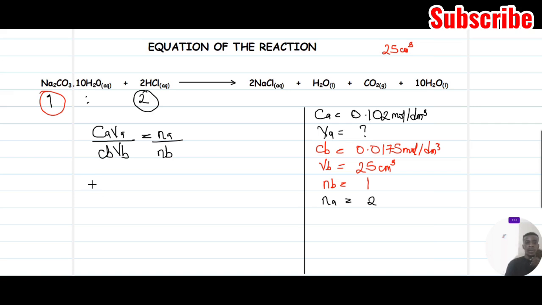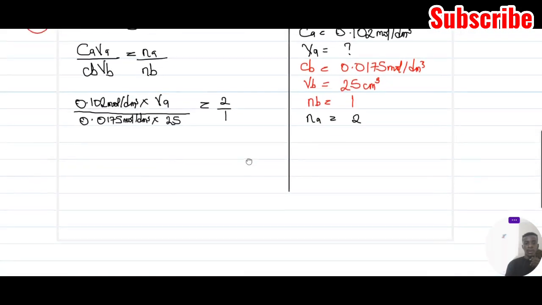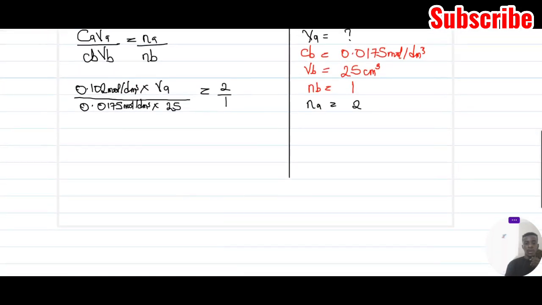Our Ca is 0.102 mole per dm cube times volume of acid, that's what we're looking for, all over your Cb, 0.0175 mole per dm cube times 25, equals Na over Nb, which is 2 over 1. So to get your Va, you cross multiply.